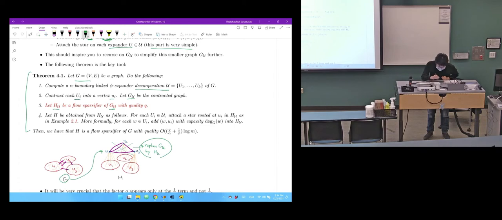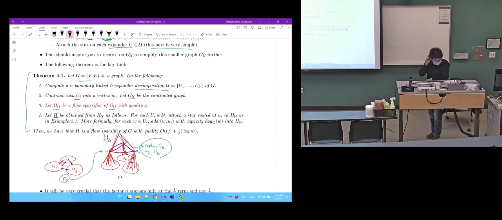It can be some other graph, it can look like some tree like this too, but it needs to contain these three nodes. Now this is HU. To get H, you just, like before, attach a star on each of these.